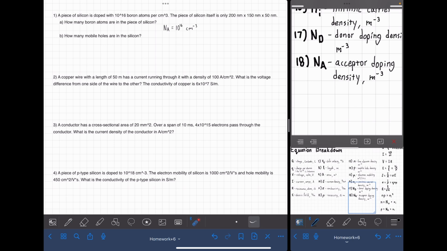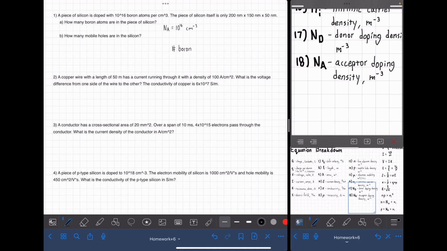So this is our density of boron atoms, and we need to convert that by multiplying by the volume, since density times volume is equal to our amount. So let's go ahead and do that. We want to find number of boron atoms.